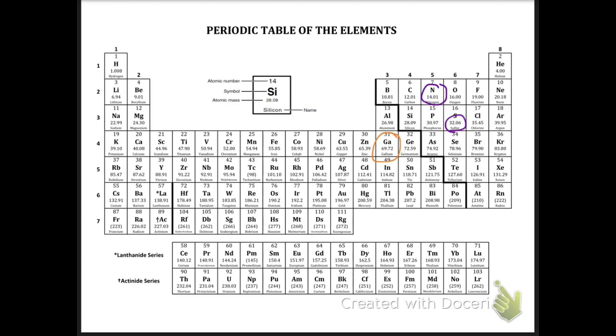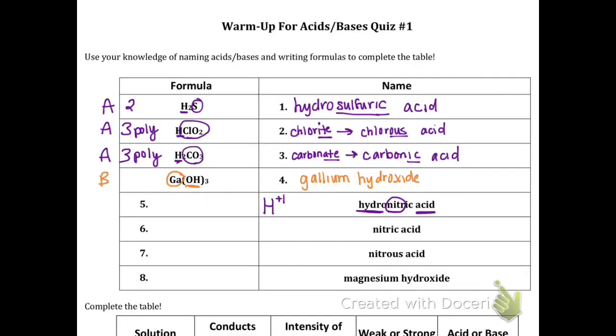So if you forgot, it goes lose 1, lose 2, lose 3, and then skip, gain 3, gain 2, gain 1. Okay, so nitrogen is going to gain 3 electrons, so it's -3. So you're going to write nitrogen -3. So how many of each do we need for our charges to cancel out? I need 3 H's for every 1 nitrogen.